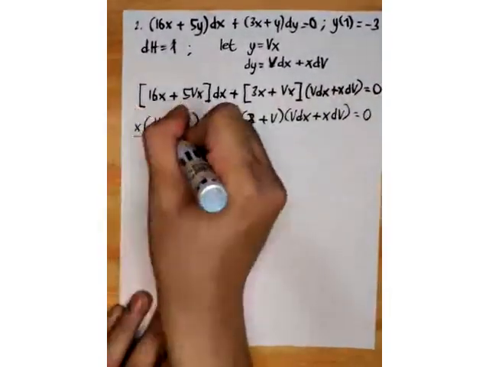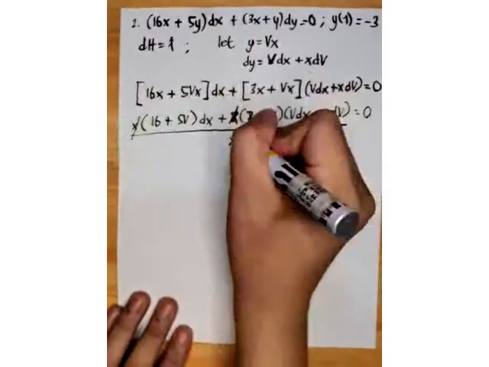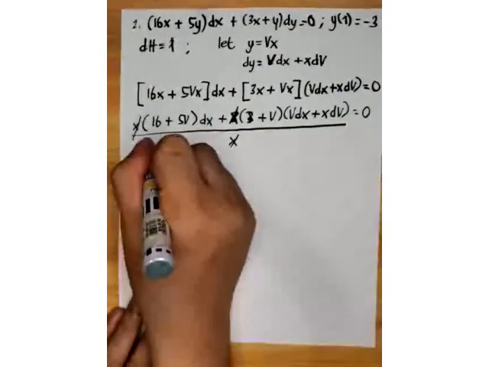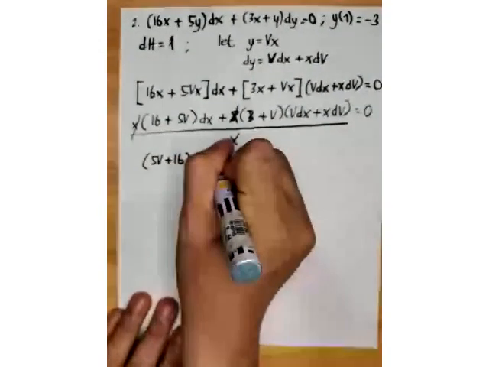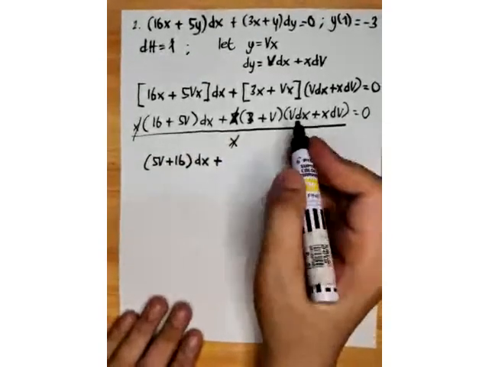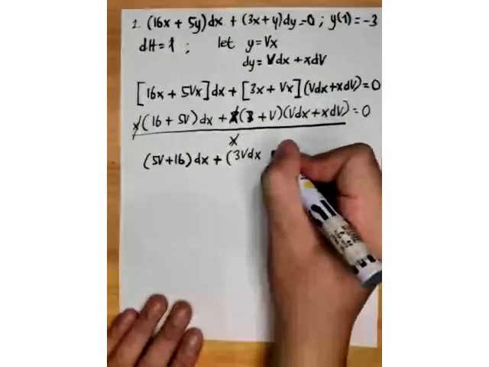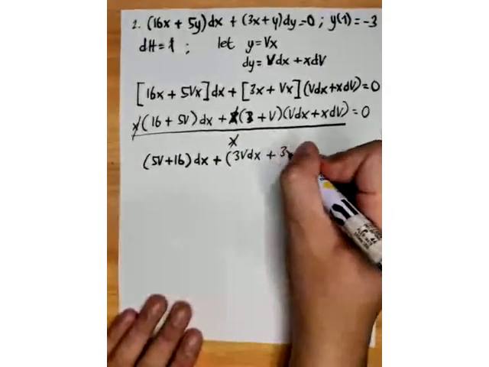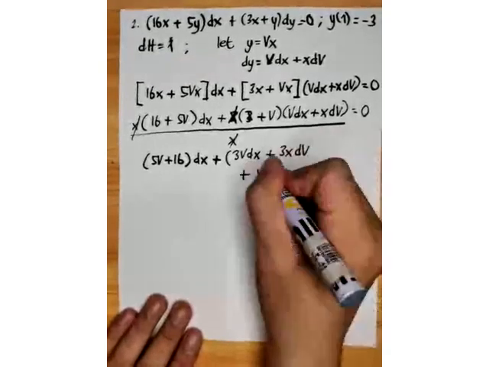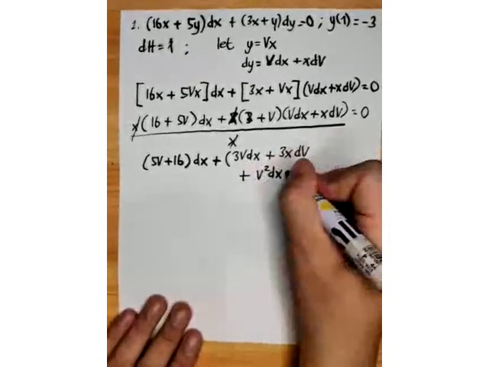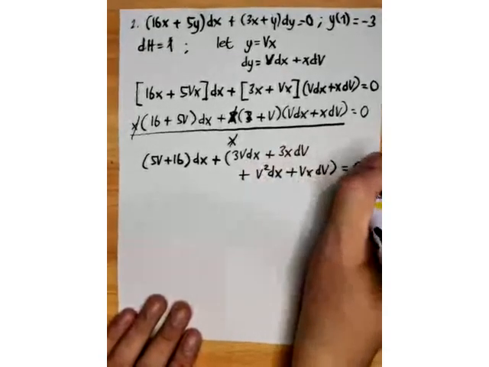And then let's divide the whole equation by x. Cancel, cancel. So we'll have 5v plus 16 dx plus, okay, then we distribute this one. So we'll have 3v dx plus 3x dv plus v squared dx plus vx dv is equal to 0.